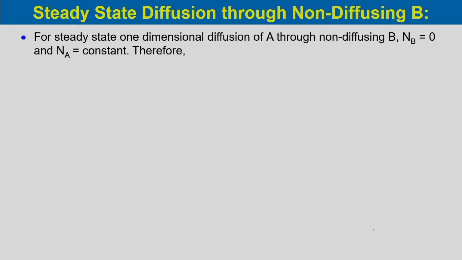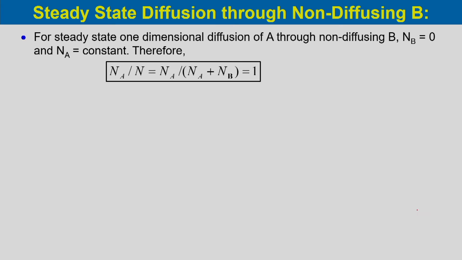Now, steady state diffusion through non-diffusing B. For steady state one dimensional diffusion of A through non-diffusing B, NB would be equal to 0 and NA would be equal to constant.